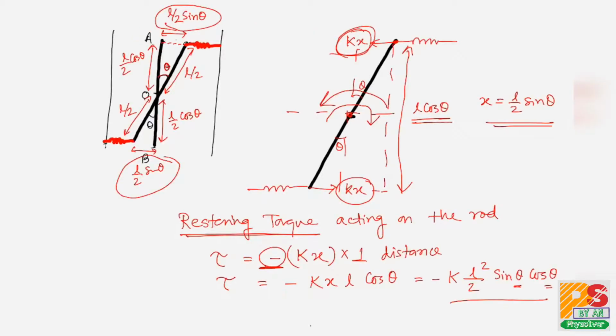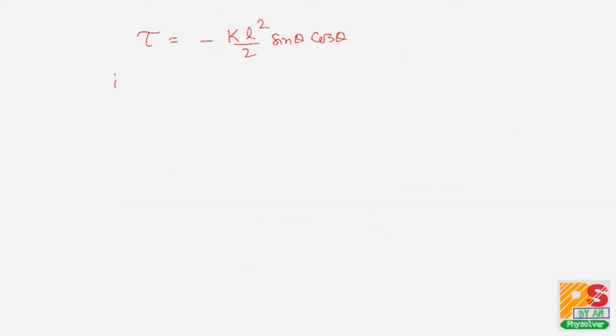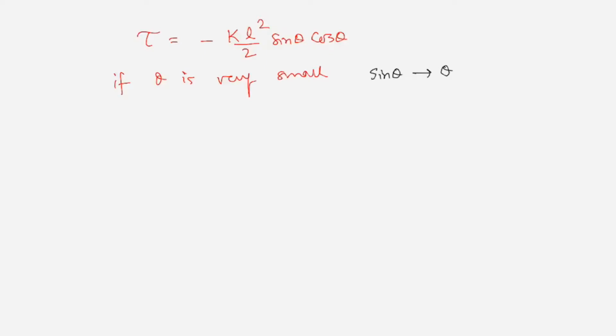Now if theta is very small, I can write that sin theta tends to theta and cos theta tends to 1. Therefore tau will become minus k L square by 2 into theta, right?